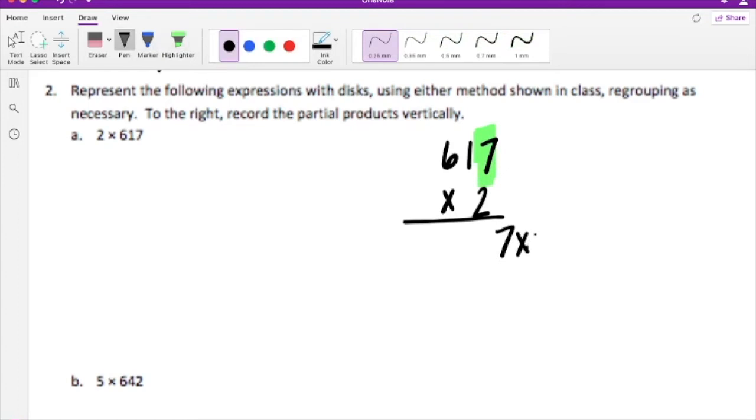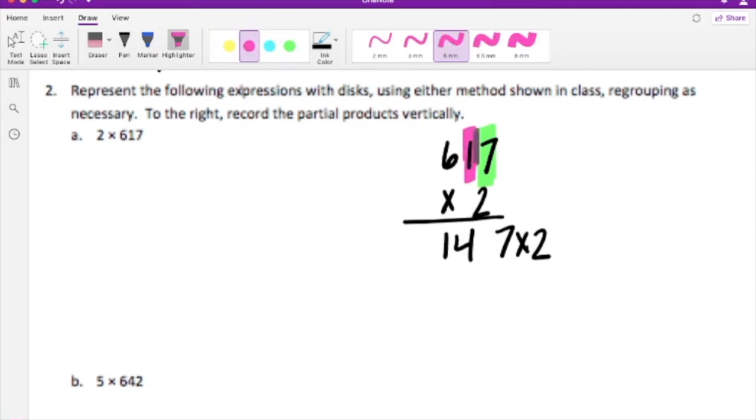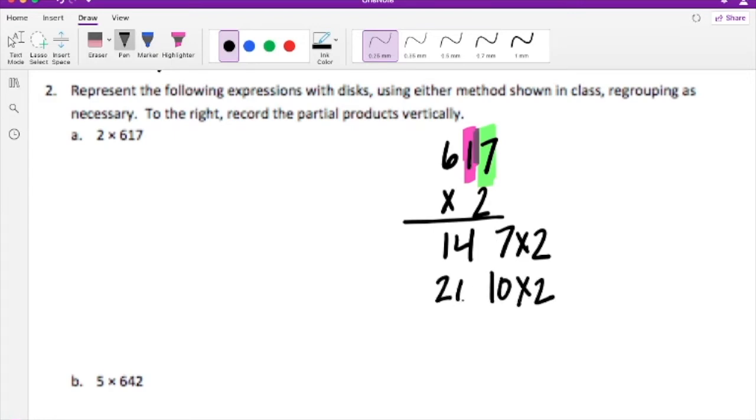7 ones times 2 is 7 times 2. That's 14. Then we would multiply the tens times 2. That's 110, which is 10 times 2. That equals 20. Then we would multiply the hundredths times 2.